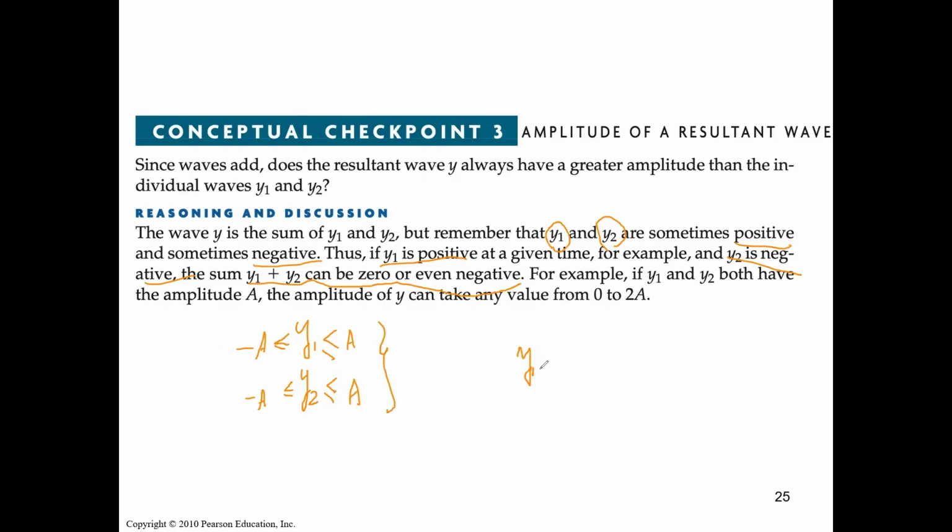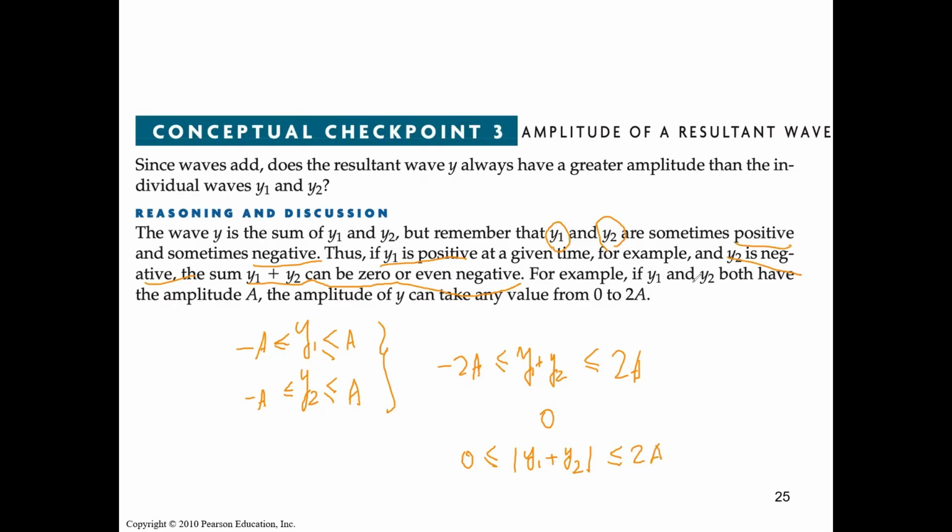So y1 plus y2 can range between positive 2a and negative 2a, and there is a special value in between that's 0. So the amplitude, if you talk about the absolute value of this, can actually range from 0 to 2a.